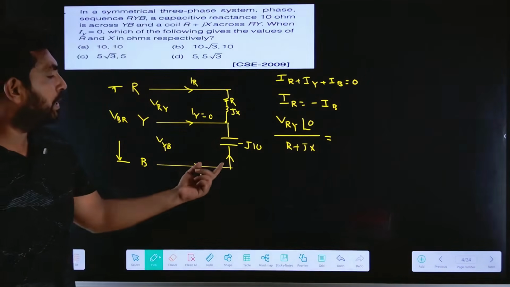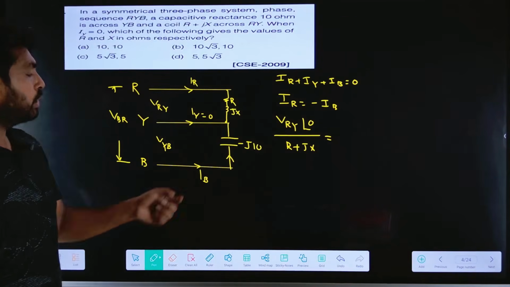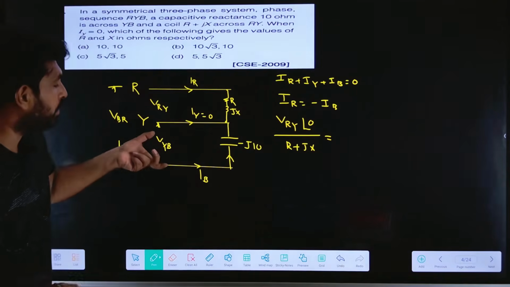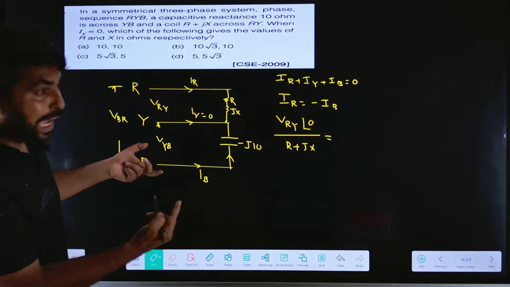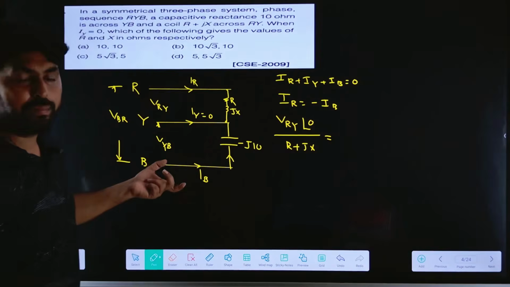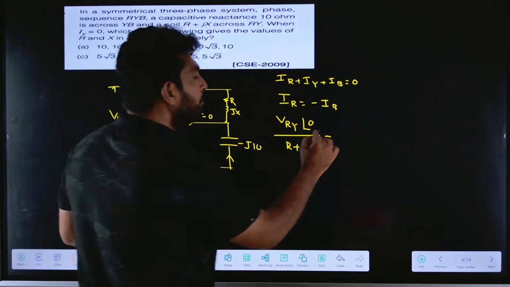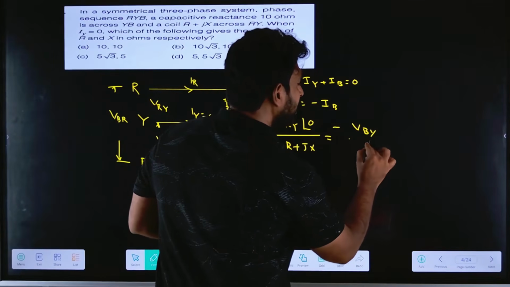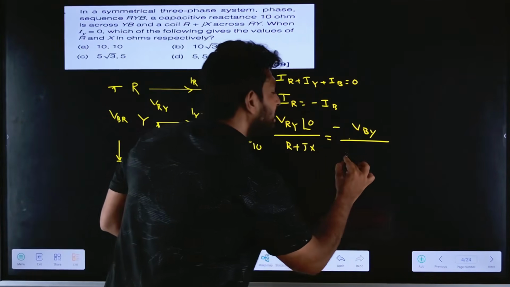IB will be VYB divided by minus JX. VYB is in this direction. So Y is positive, we assume B is negative, but IB is in this direction, so it will be the minus VBY divided by minus JX.